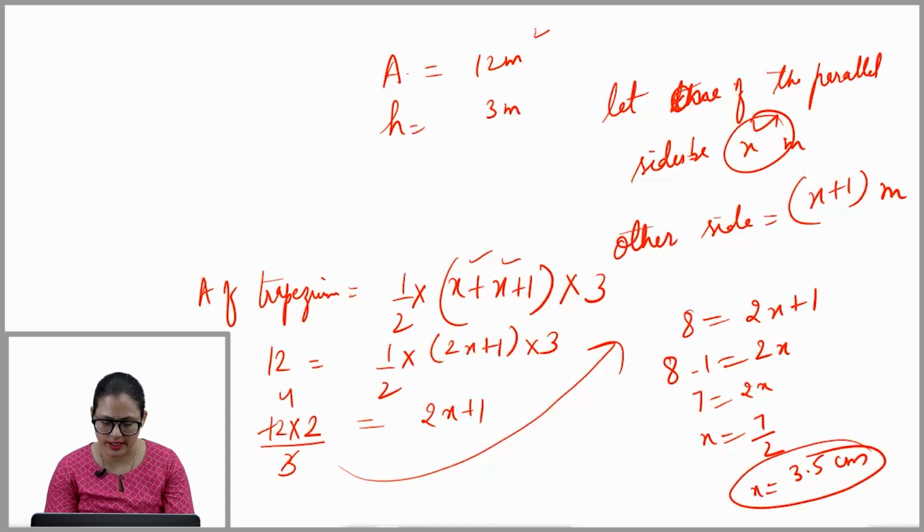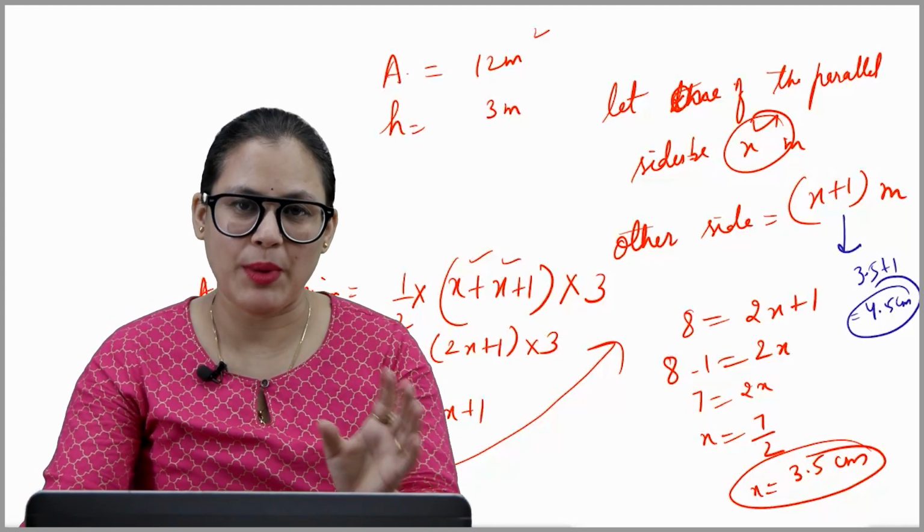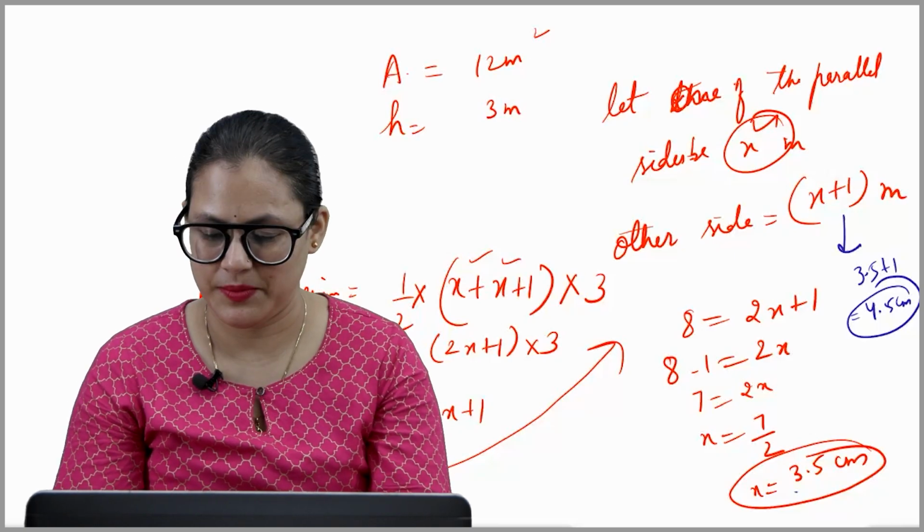This is the first side. Now we have to find the other side. The other side is x plus 1, that is 3.5 plus 1, 4.5 meters. So we had to find the lengths of the parallel sides: one is 3.5 and the other is 4.5 meters.